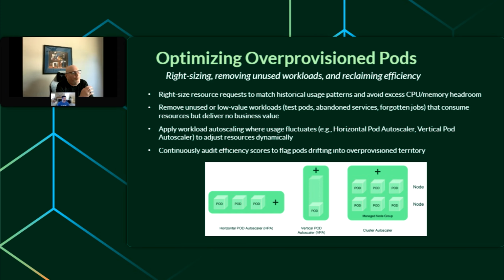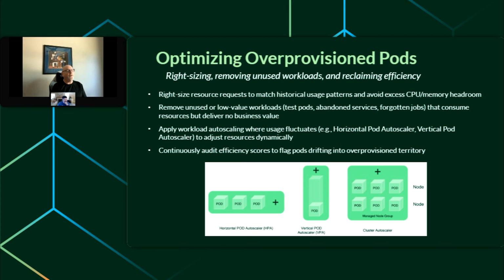What I want to do is talk for a little bit about some of the tooling that exists for each one of these types of scenarios, and then also how Kubecost can help with that. For the first one, optimizing over-provisioned pods, Kubernetes has a bunch of native built-in tools. We've got the horizontal pod autoscaler.